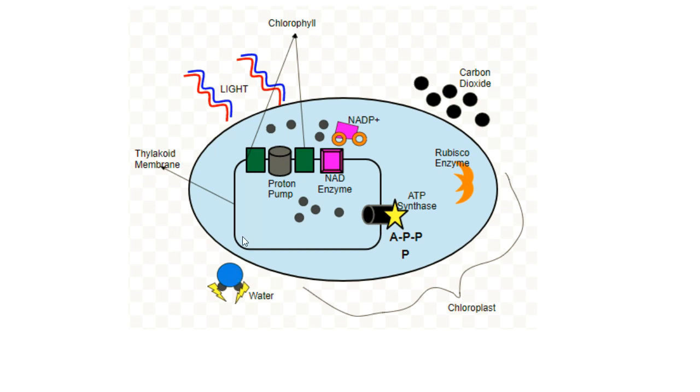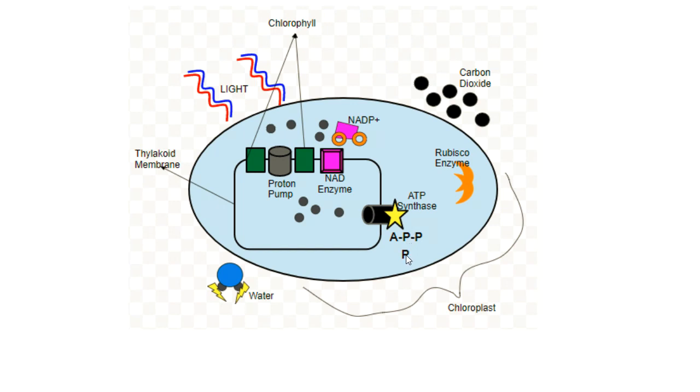But we have water, we have light, we have protons, which are the little gray dots. We've got proton pumps in between the chlorophyll. We've got this enzyme that helps turn NADP plus into NADPH. We have ATP synthase, a little channel with an enzyme attached to it.